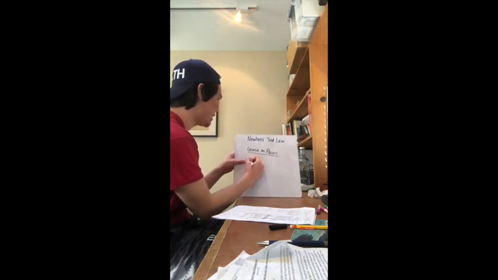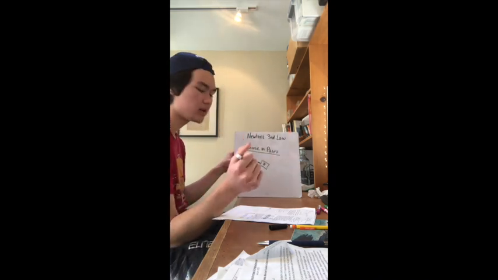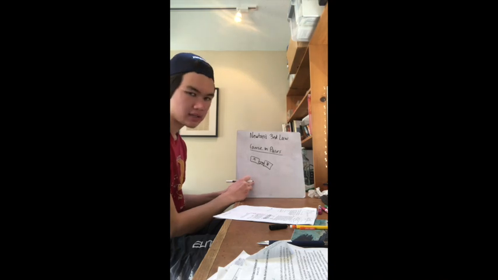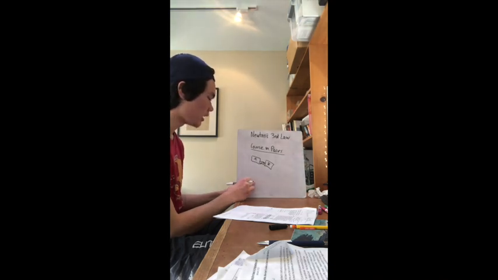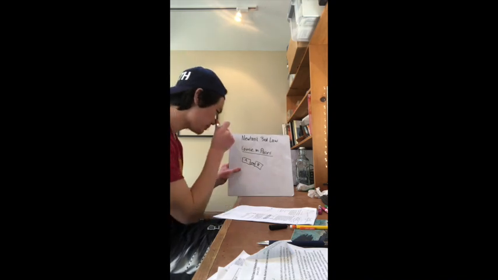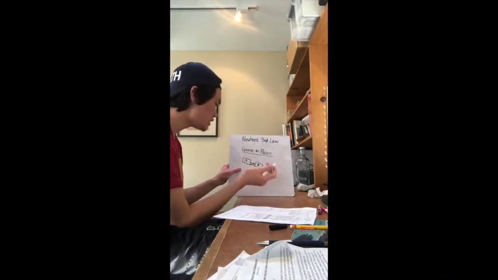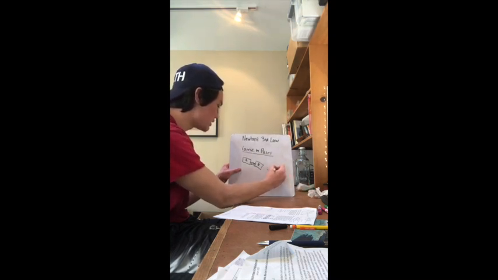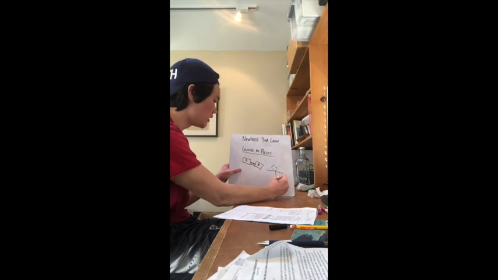If object A exerts a force on object B, object B will always exert the same force, same magnitude, same number of newtons, in the opposite direction back on object A. This is true with everything, such as tension, friction, normal force, like when you have a gravitational force pulling something down.